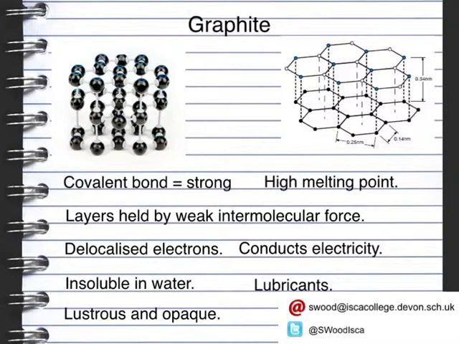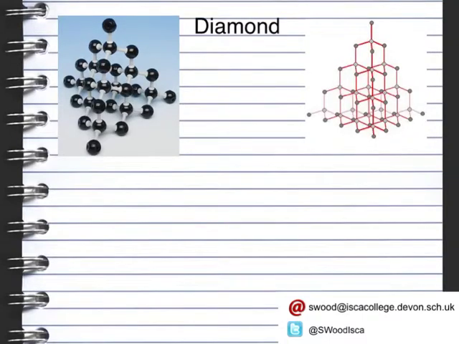Now because of that, the use of the pencil that we mentioned earlier, and it can be used as a lubricant because it allows bits that are attached to the graphite to move as well, which means that carbon graphite can be very slippery. Now the second structure of carbon that we're going to look at is carbon diamond.